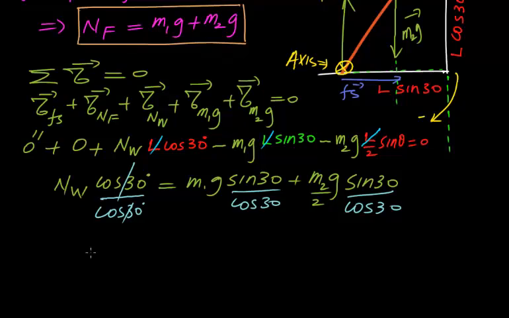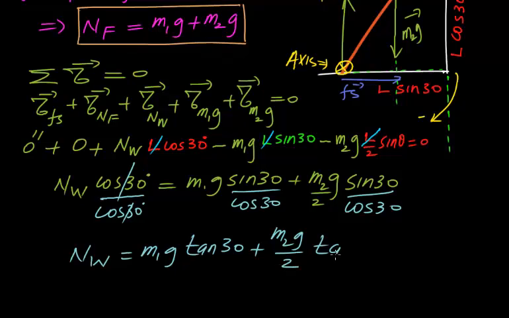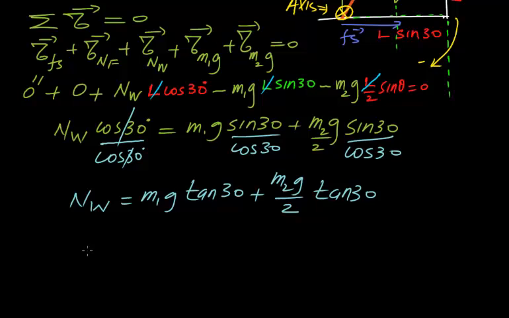Alright, so here is the final expression. NW is going to equal M1G tangent of 30 plus M2G over 2 tangent of 30. You can factorize the G tangent if you want. Let's do it to make this expression look very attractive.